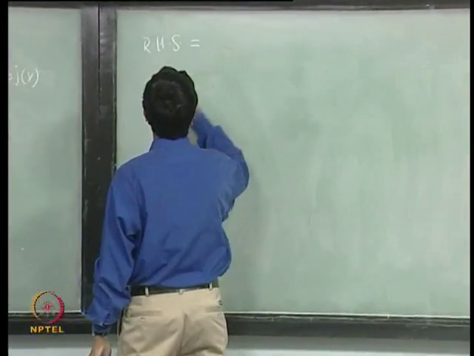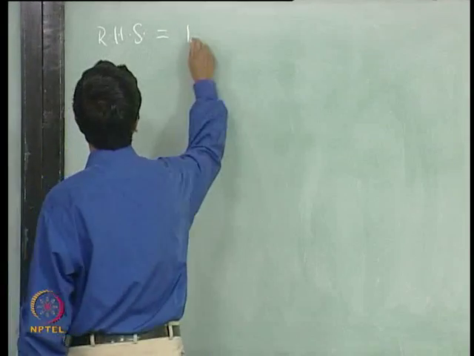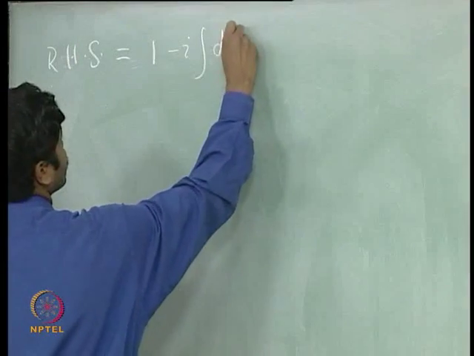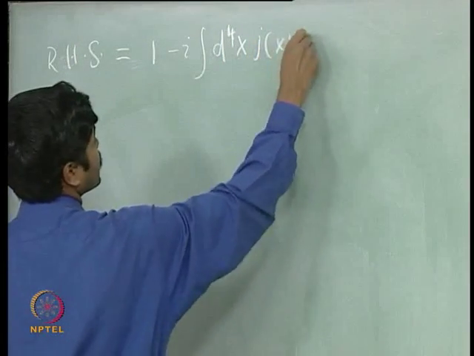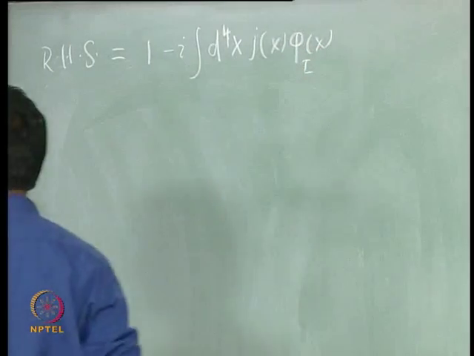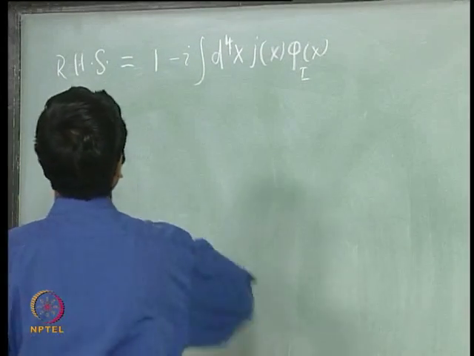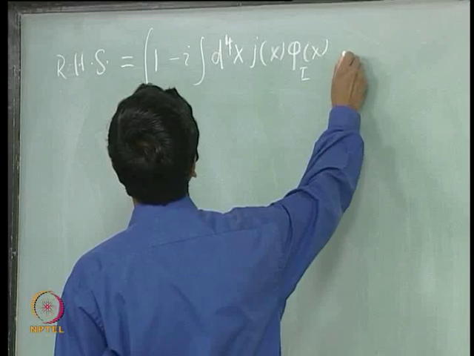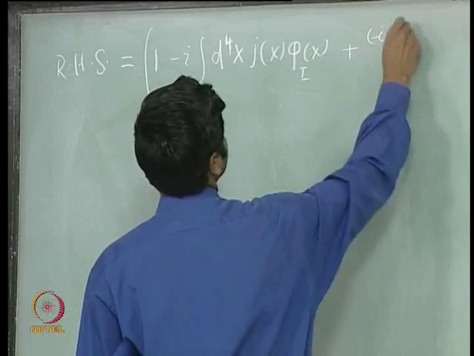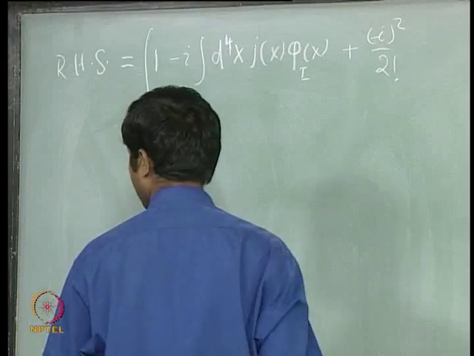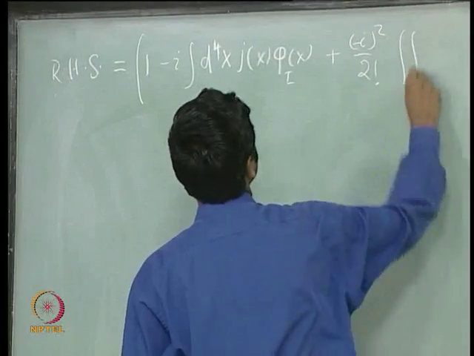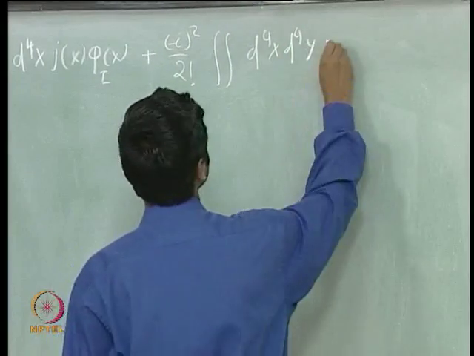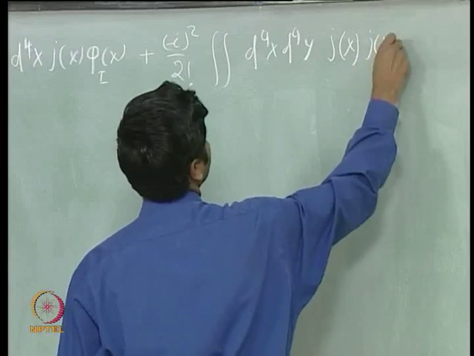We will get 1 minus i integral d4x J of x phi of x, and then plus minus i squared over 2 factorial d4x d4y J of x J of y.